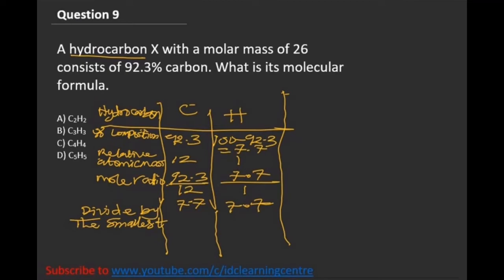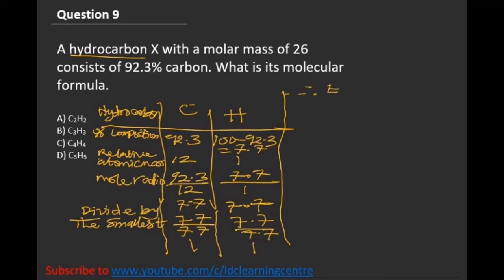Since they are the same, we divide by the same 7.7, which will give us 1. So 7.7 divided by 7.7 will still give us 1.